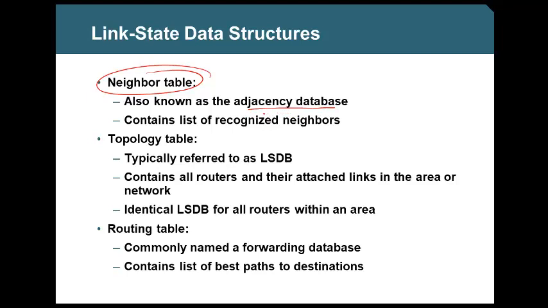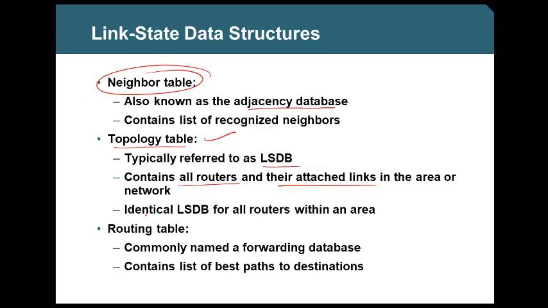Next is the topology table. Topology table, as I told you, is LSDB. This contains all the routers' link state information that are attached to the routers. And this LSDB, this topology table information, will be identical at least within the area.